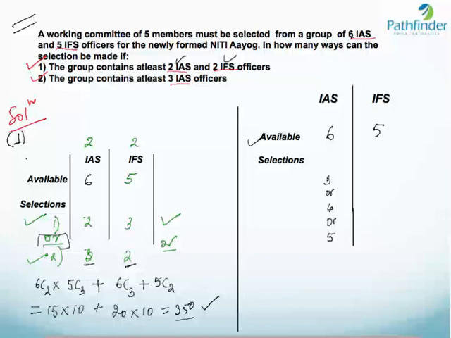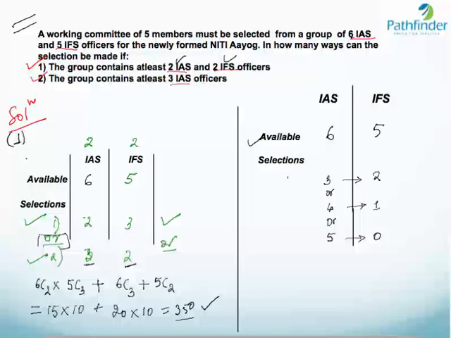Once we've selected these IAS officers, we can now go and select the IFS officers. We want a team of 5. 3 are already selected from these 6. The remaining number of members required to be selected are only 2. If 4 IAS are selected, then only 1 IFS needs to be selected. And similarly, if 5 IAS officers are selected, then we don't need to select any IFS officers.